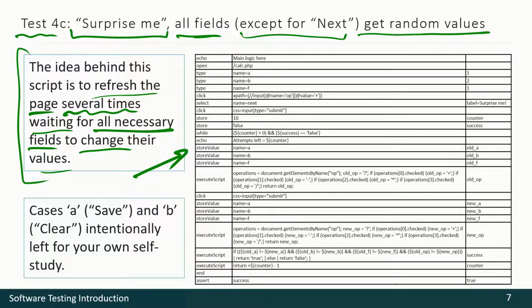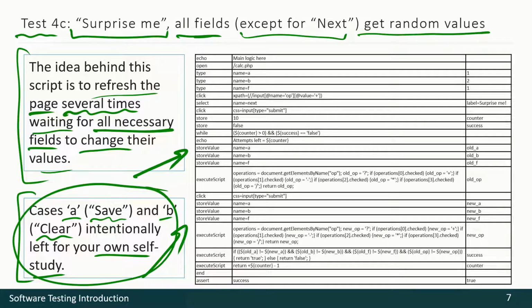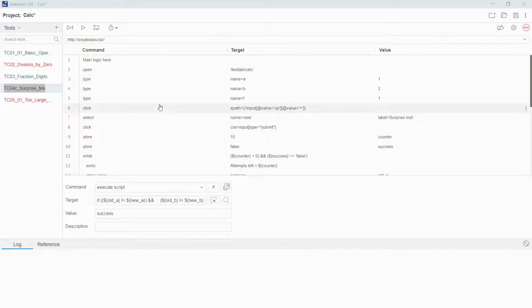Yes, the script is rather huge, and we intentionally omitted cases A, saving, and B, clearing for your own self-study. So please use this as the basis and write scripts for both A and B situations. And we are switching back to Selenium IDE to review this script now.